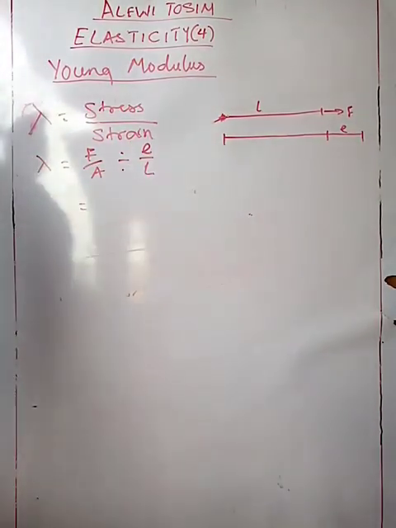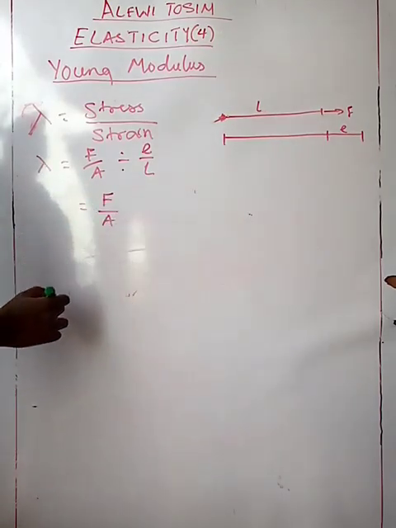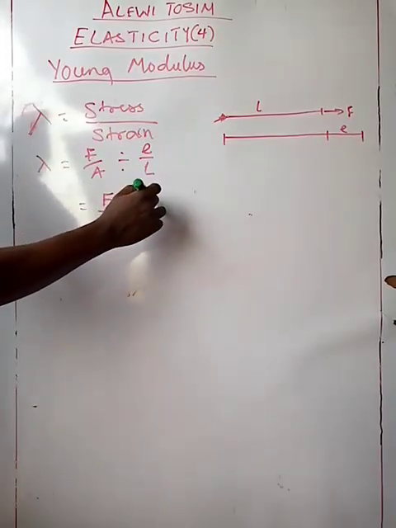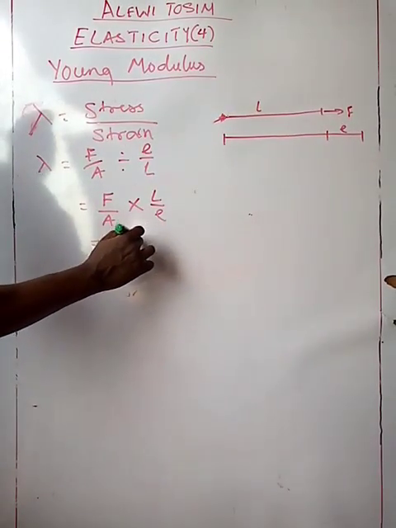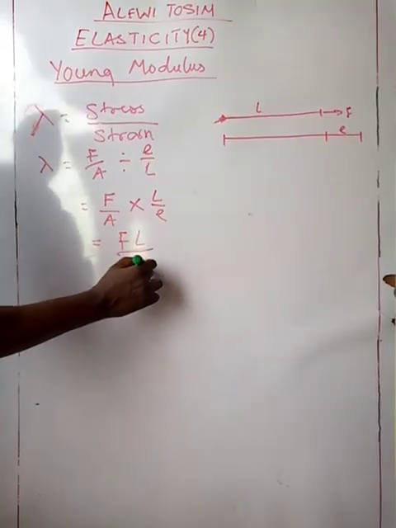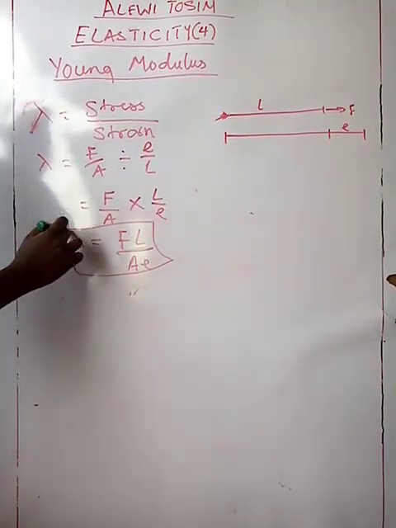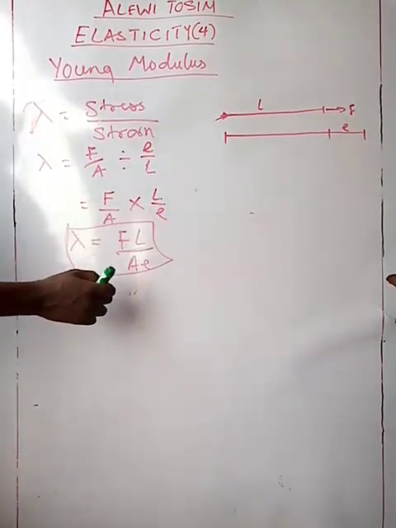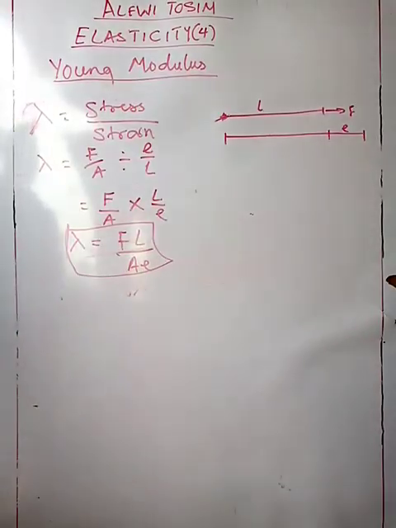Which means our Young modulus can be given as, when we change the division to times, L goes up and e comes down, so we have L over e. We are having FL over AE as our Young modulus. So that's the formula for finding Young modulus: force times original length over cross-sectional area times the extension.